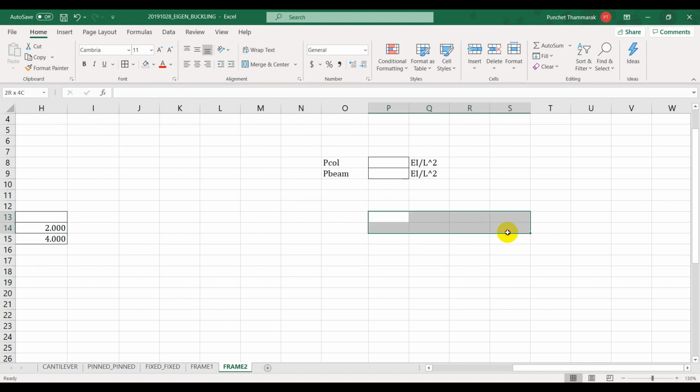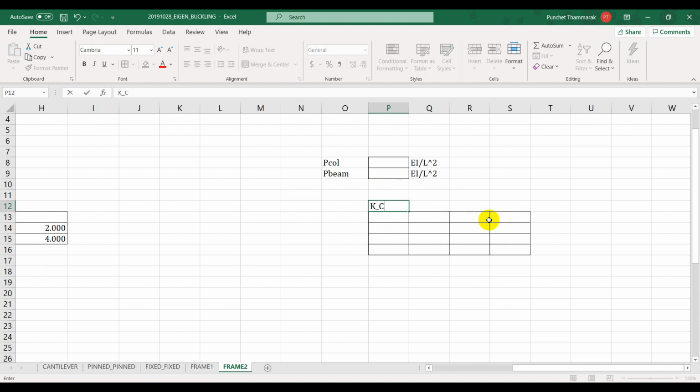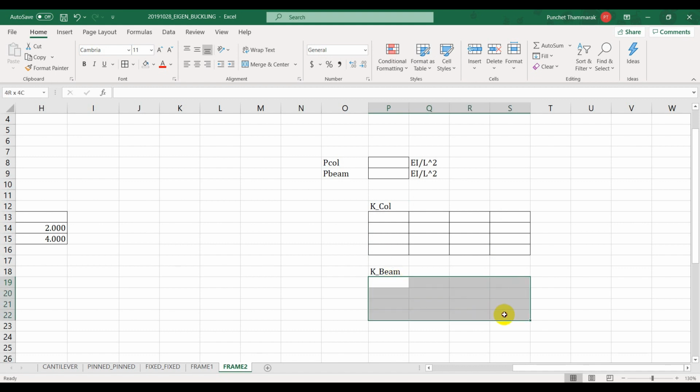And then we will get the stiffness matrix of column, and K for the beam.